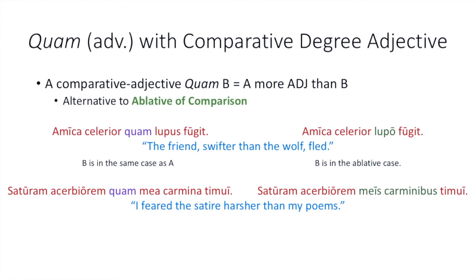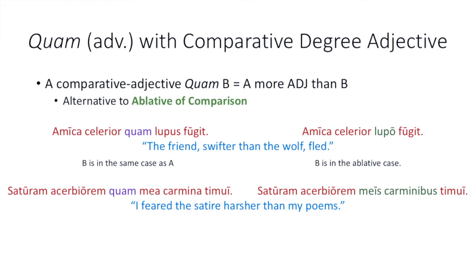This is exactly the same as the sentence on the right with the ablative of comparison. Saturam acerbiorum meis carminibus timui. I feared the satire harsher than my poems.